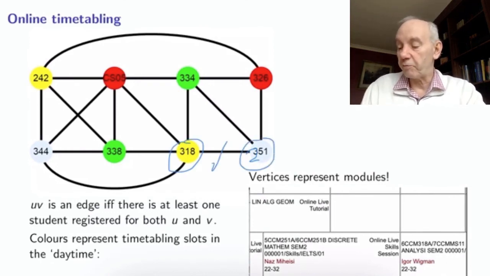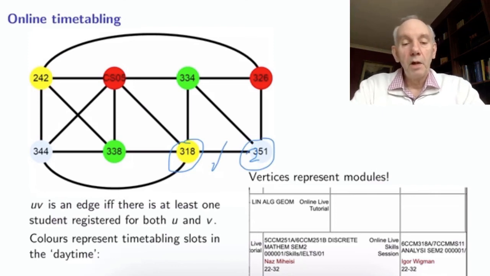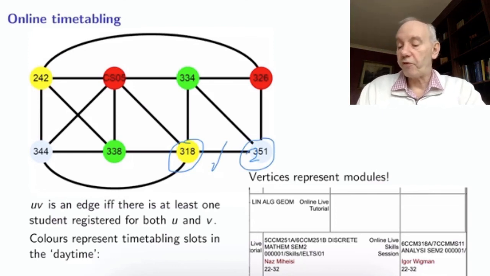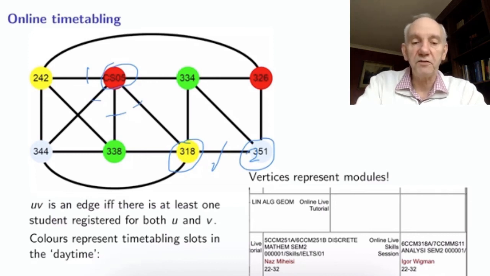And that's why I put an edge there. CSO5 is mathematical biology. That's a fairly popular course, I gather. So there are lots of students who do that and some other module. This has degree 5.